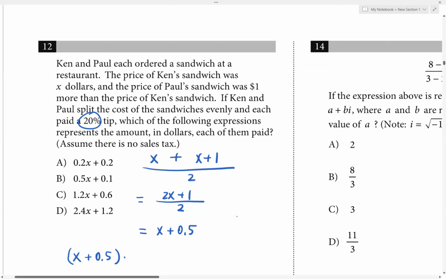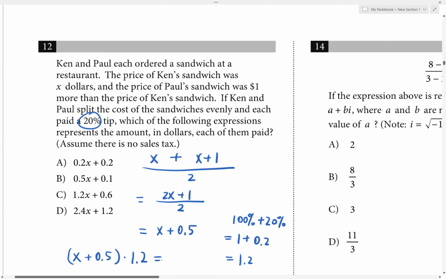So to figure out the multiplier, we do 100% plus 20%, which is 1 plus 20%, and that's 1 plus 0.2 in decimal form. What's 1 plus 0.2? That's 1.2. So we need to multiply this cost by 1.2, and that should give us our final answer.